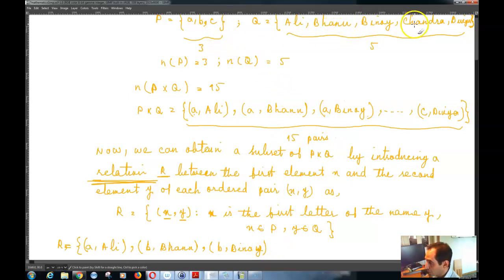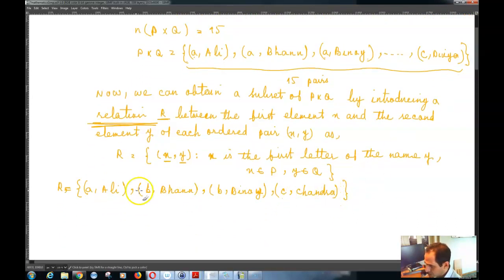C can go with Chandra. And of course with Divya, none of these letters will go with Divya, so we will get only 4 elements in the subset R, which is just a relation which is a subset of P times Q.